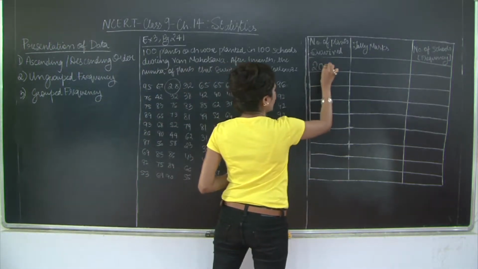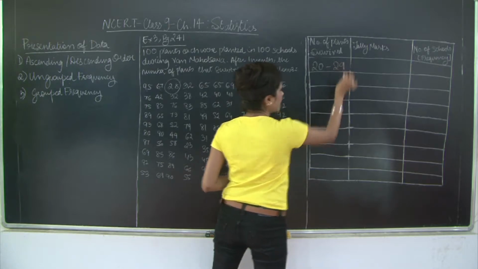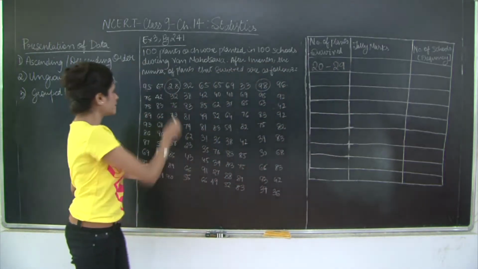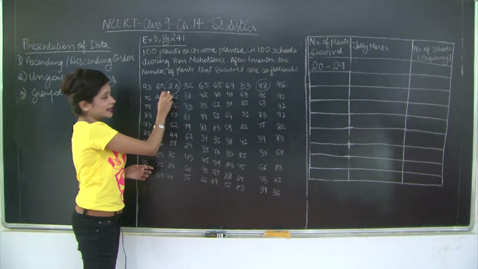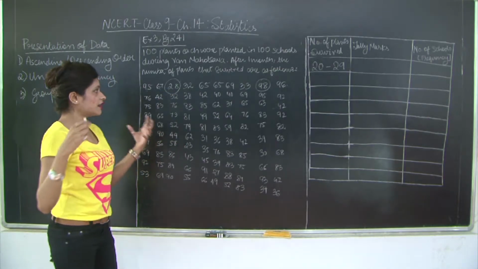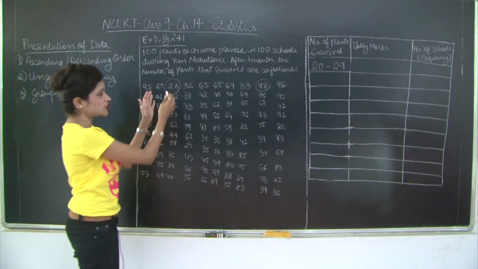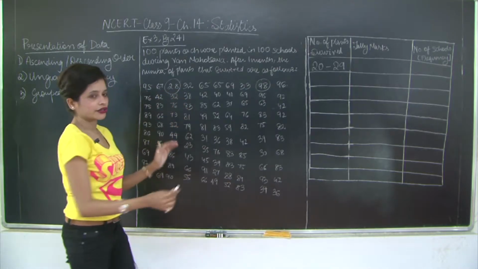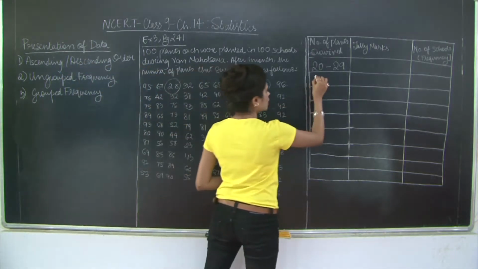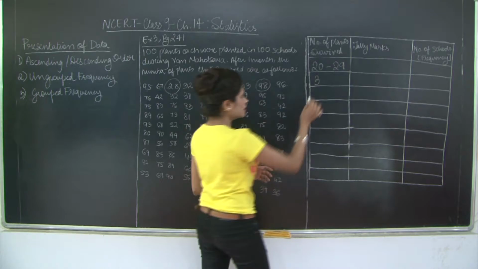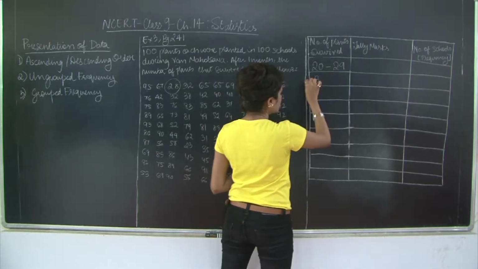I take the values 20 to 29. Why am I taking 20 to 29? Because my smallest entry is 28. So I'm just trying to take the largest group possible in which the smallest entry will fit. And then I continue taking equal class intervals or equal groups.